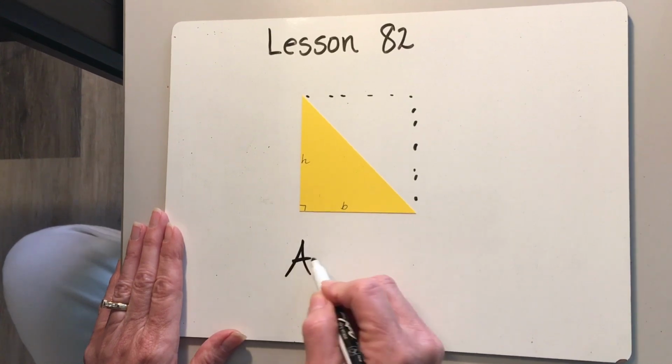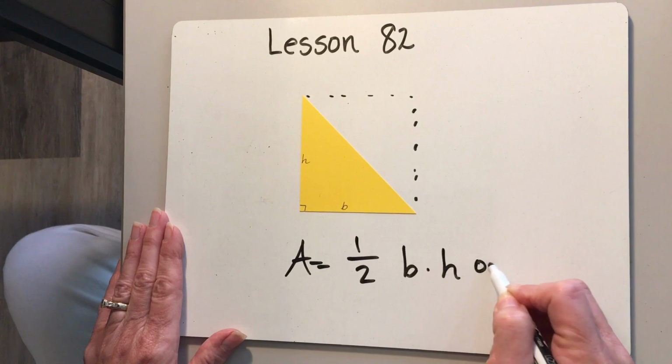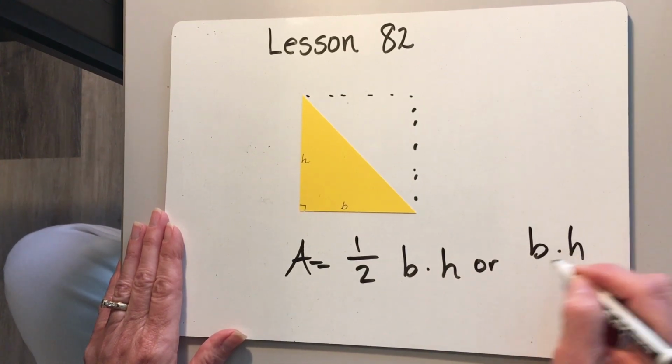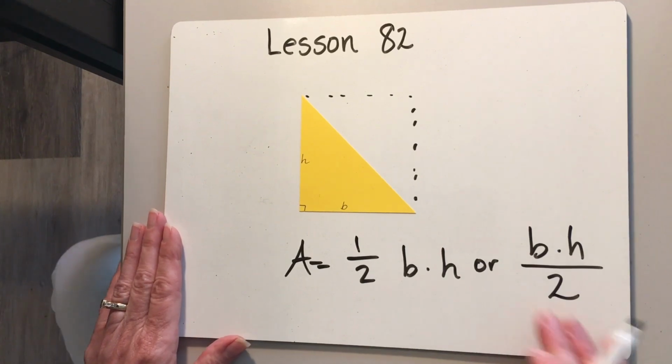So the area of a triangle is 1/2 base times height, or base times height divided by 2. That is the formula for finding the area of a triangle.